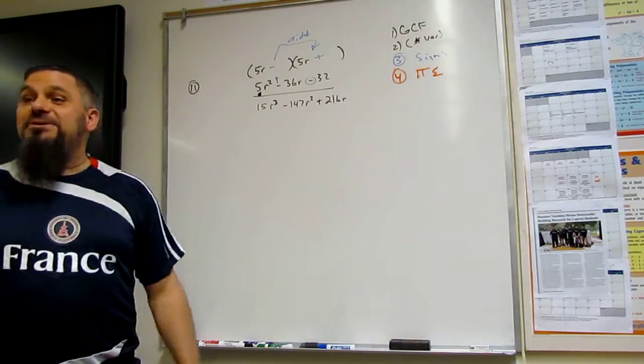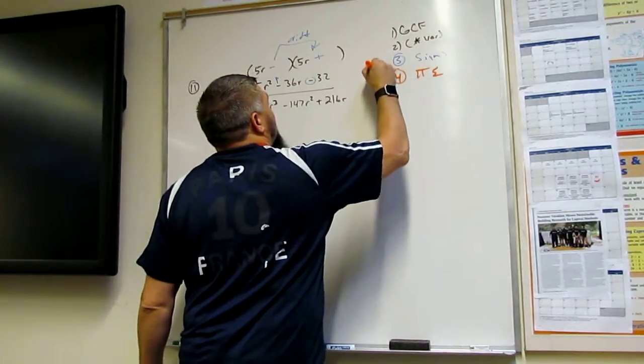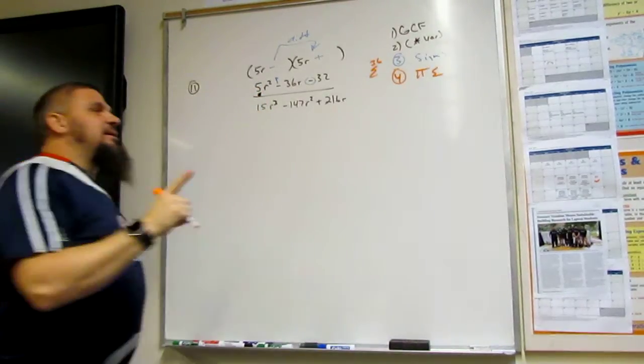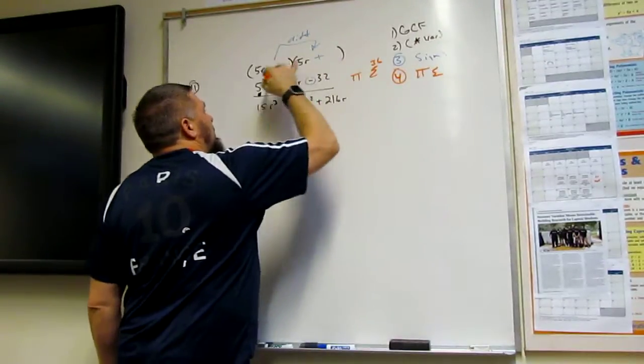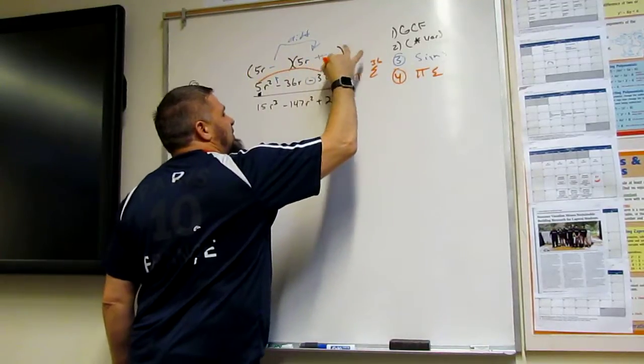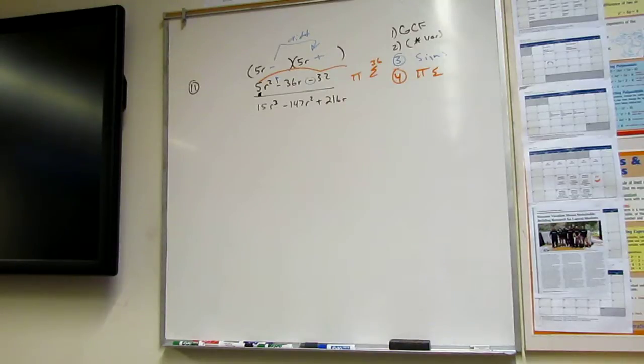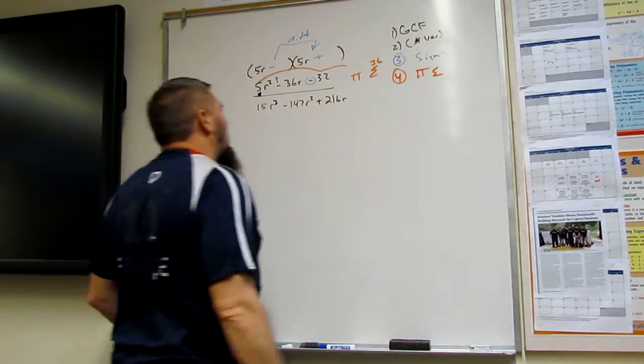Nope, the sum is 36 though. The sum is 36. The product is 5 times 32, which is a lot, right? A big number. 160. Okay?